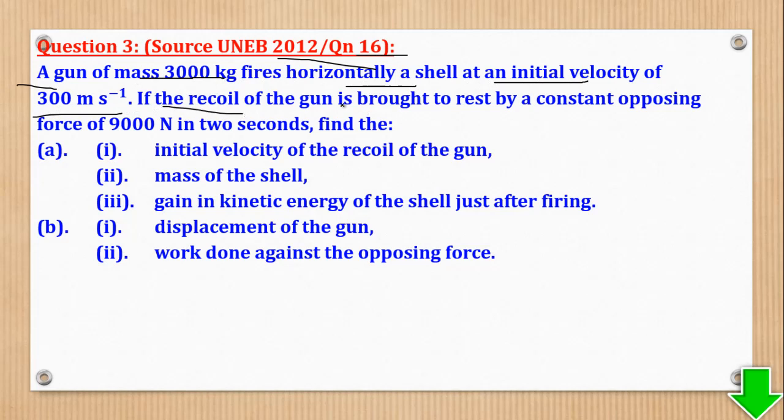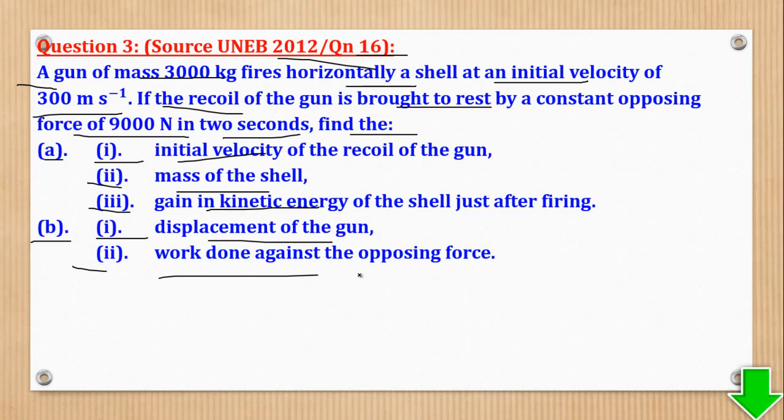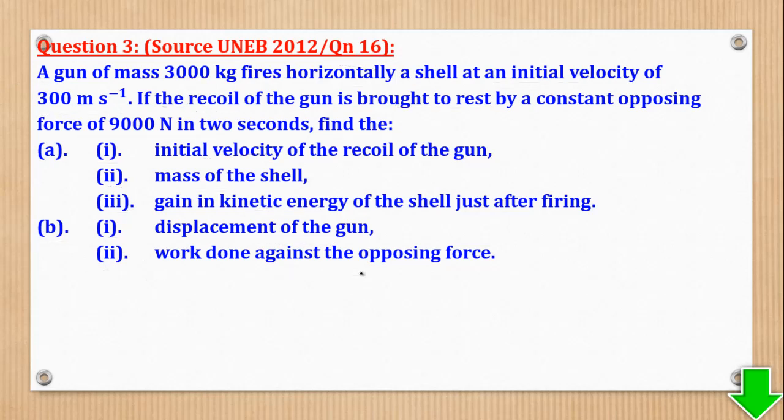If the recoil of the gun is brought to rest by a constant opposing force of this in 2 seconds, find, Roman 1, the initial velocity of the recoil of the gun, Roman 2, the mass of the shell, Roman 3, the gain in kinetic energy of the shell just after firing. And part B, Roman 1, the displacement, and Roman 2, the work done against the opposing force.